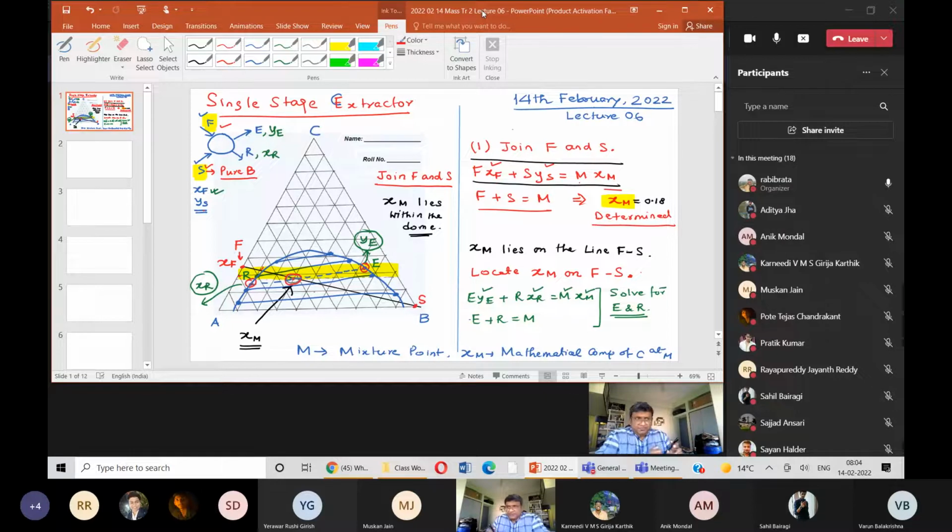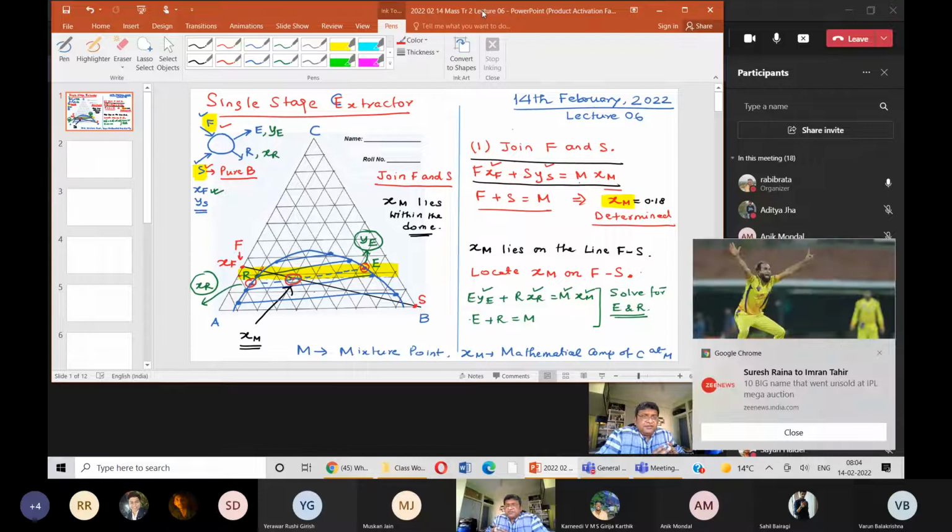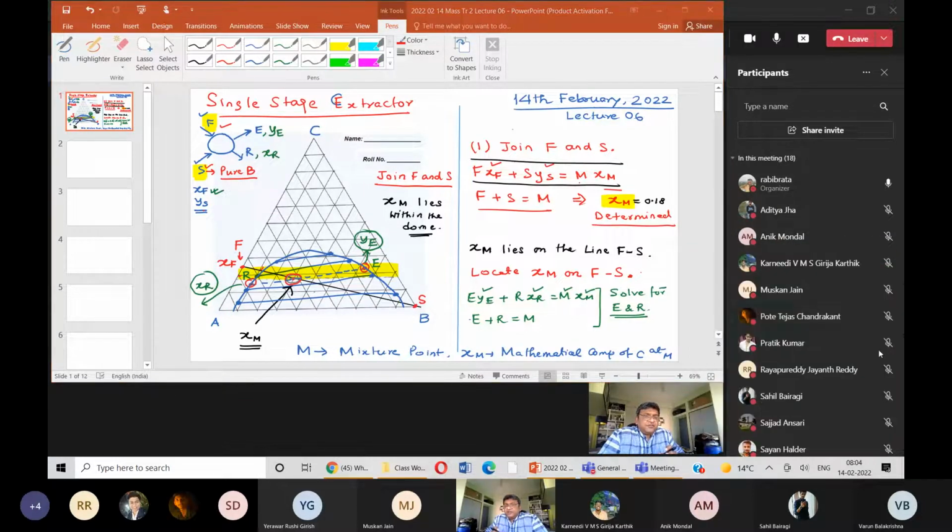If you remember, I defined that in extraction, you can use three different types of approaches. One is the regular X and Y, which we have used, which is the fraction of C. But the convention that we typically follow is we use a triangular graph paper.